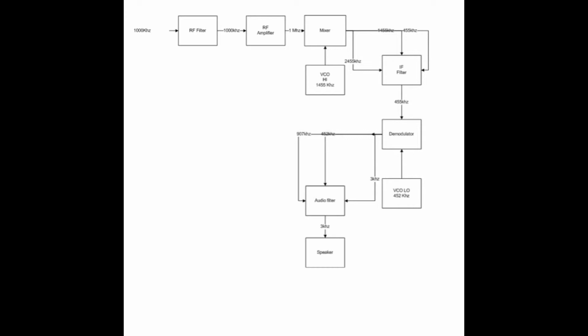We then use a demodulator, which is being fed by a VCO low oscillator at 452 kilohertz. We just add and subtract these frequencies, so the output would be 907 kilohertz, 452 kilohertz, and 3 kilohertz.